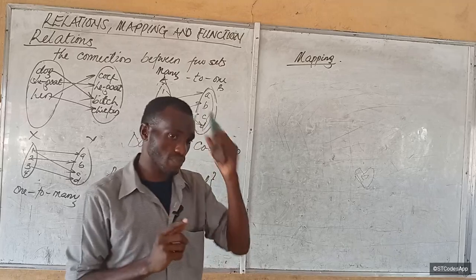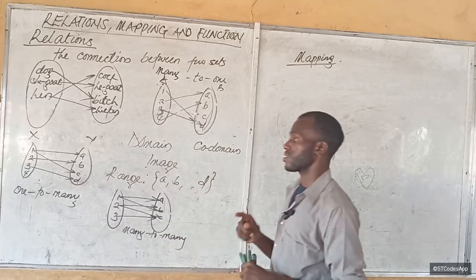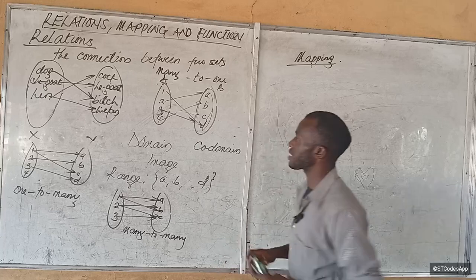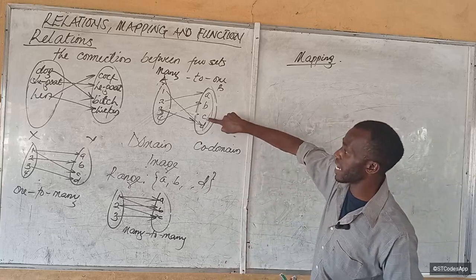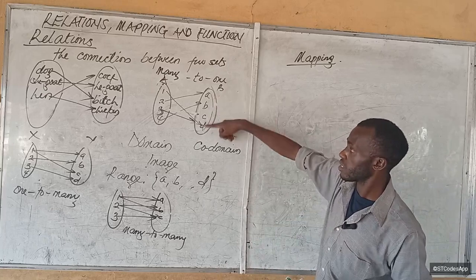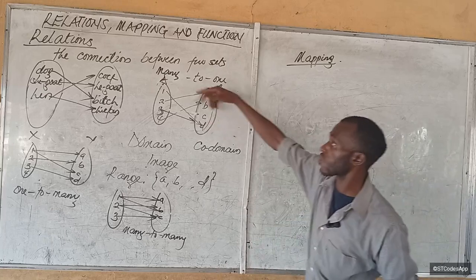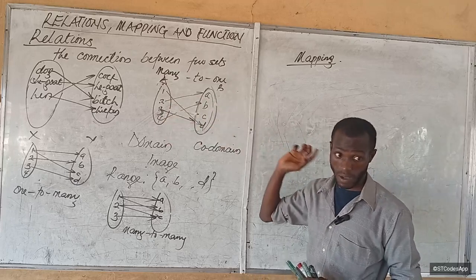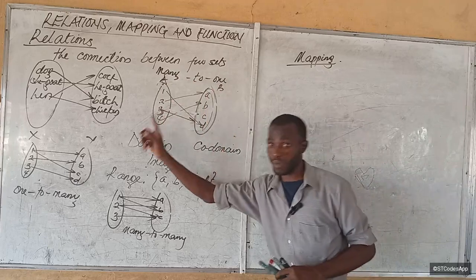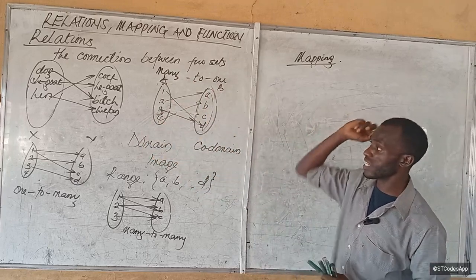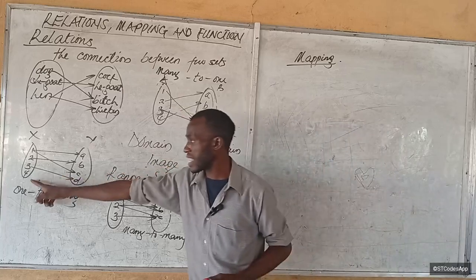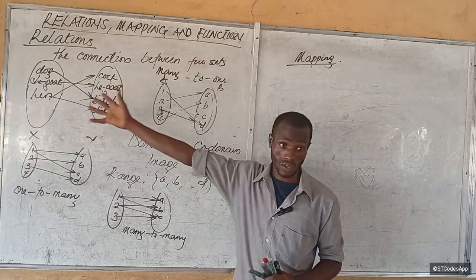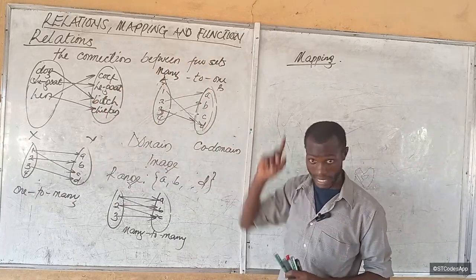Now, in mapping, the only condition we can have is this: all the elements here must first be mapped to something. Is that okay? If there is an element here that is not mapped, then it is not mapping. It is only a relation, but not what? Mapping. Is that one clear?